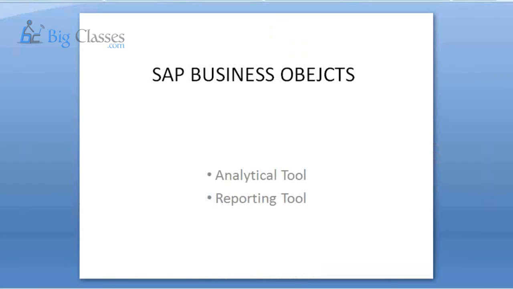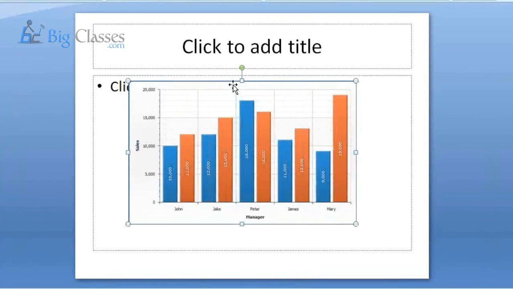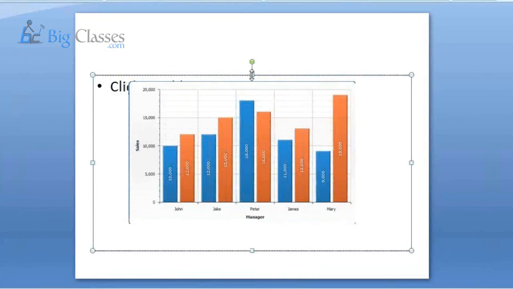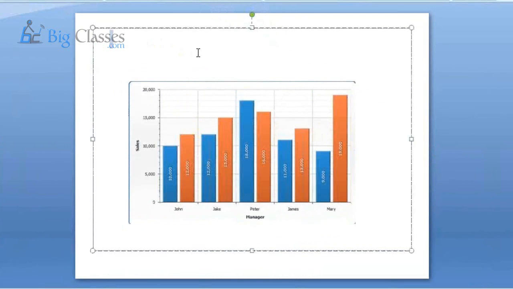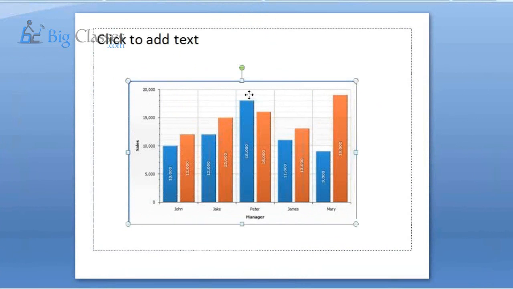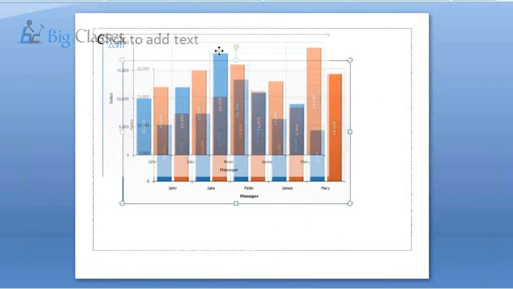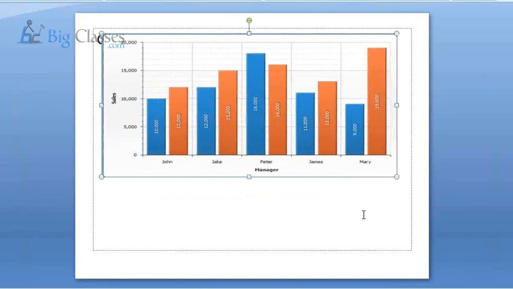Let's say I would like to generate this kind of report. I have this report. Now how can I achieve this report? As I was saying, through business objects, you can easily develop this kind of reports. Very sophisticated reports you can generate via business objects.